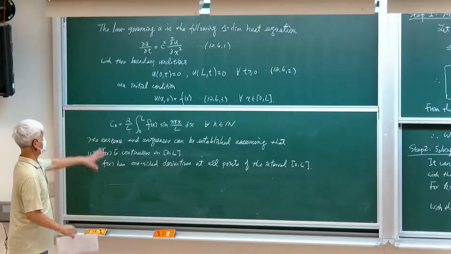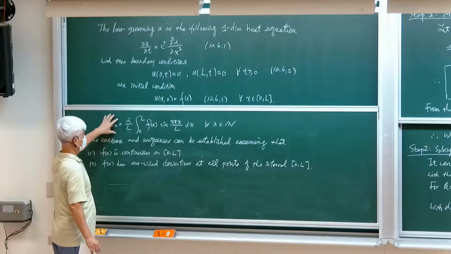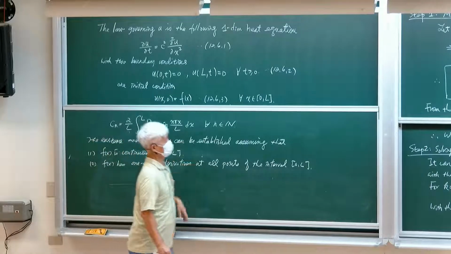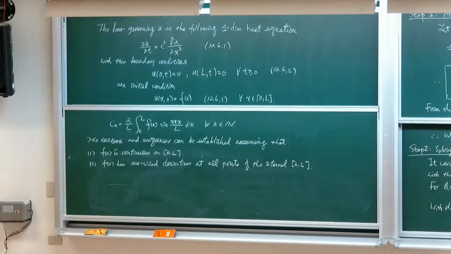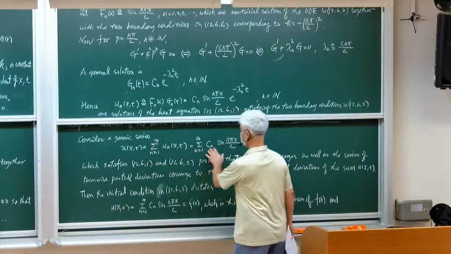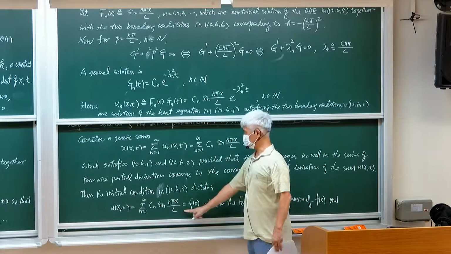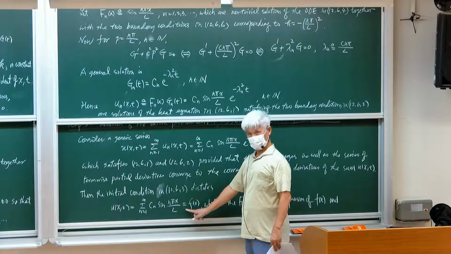Okay, so once we obtain the coefficient, we will know this series. So generic becomes specific, because we determine the Cn by using this initial condition.